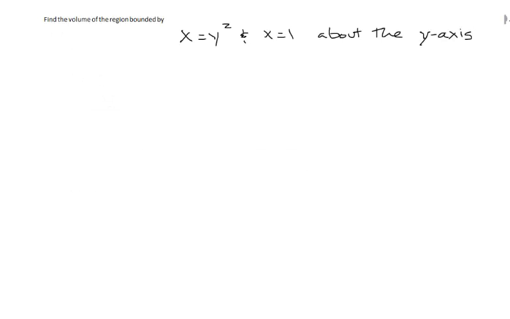Now we take a look at setting up the problem, and we have volume is equal to pi times the integral from -1 to 1, and then we have our outer radius, which is 1 squared, minus our inner radius, which is y squared squared dy, and we're dy because we have horizontal slices.